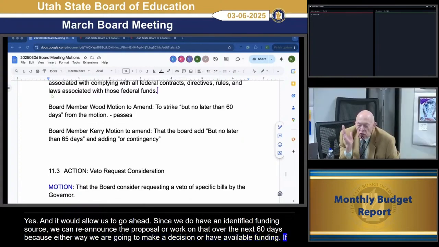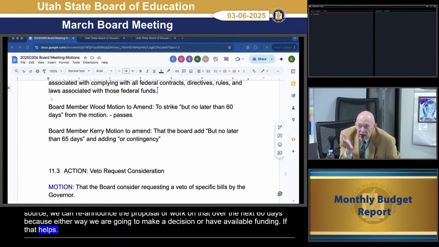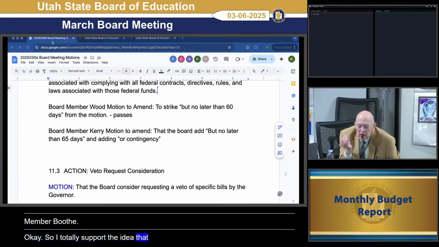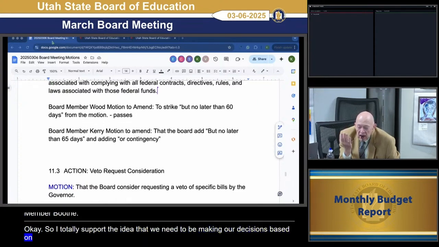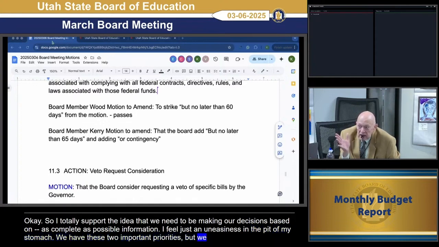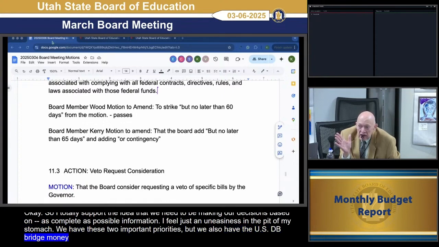Okay, so I totally support the idea that we need to be making our decisions based on as complete as possible information. I feel just an uneasiness in the pit of my stomach. We have these two important priorities, but we also have the USDB bridge money, $4 million that didn't come through, and I'm really worried about those kiddos and their needs.